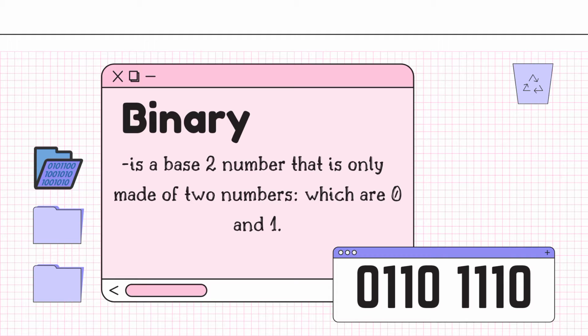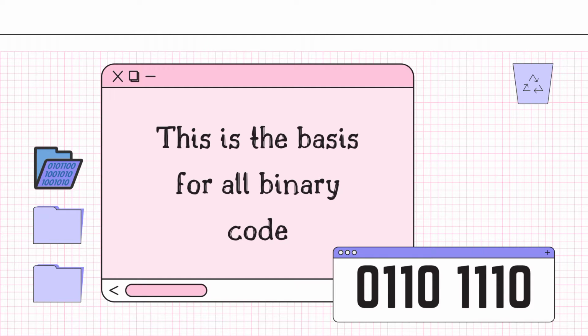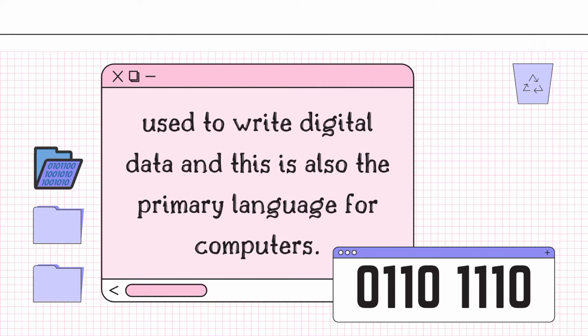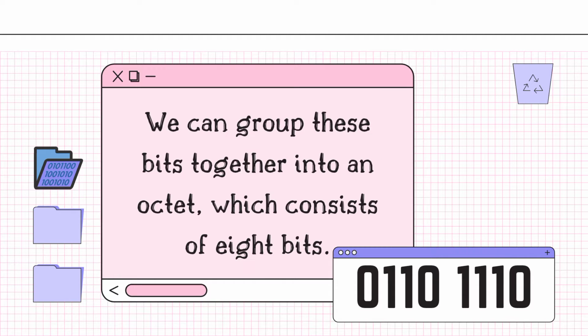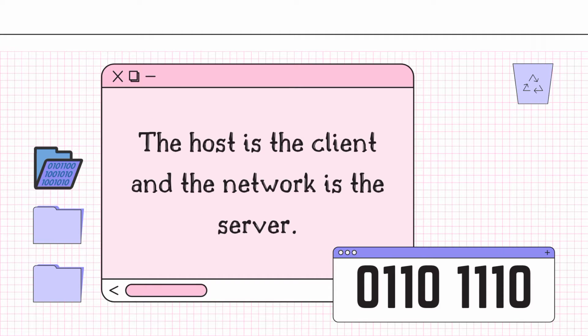Binary is a base 2 number system that is only made of 2 numbers, which are 0 and 1. This is the basis for all binary code used to write digital data and also the primary language of computers. We can group these bits together into an octet, which consists of 8 bits. The host is the client and the network is the network.